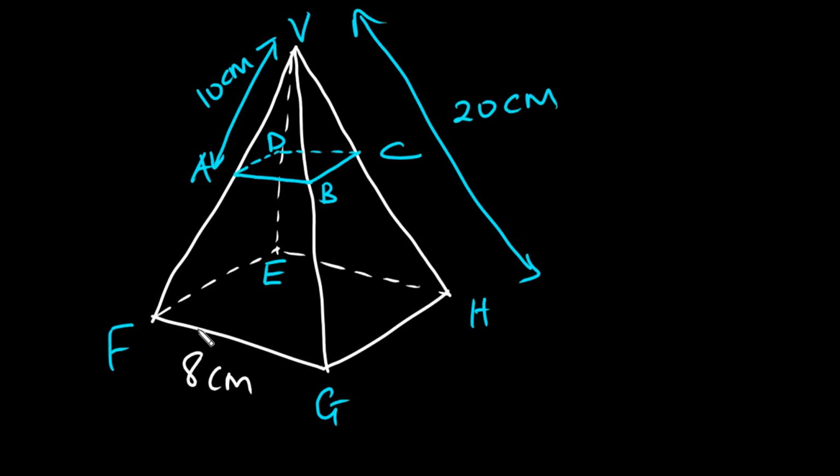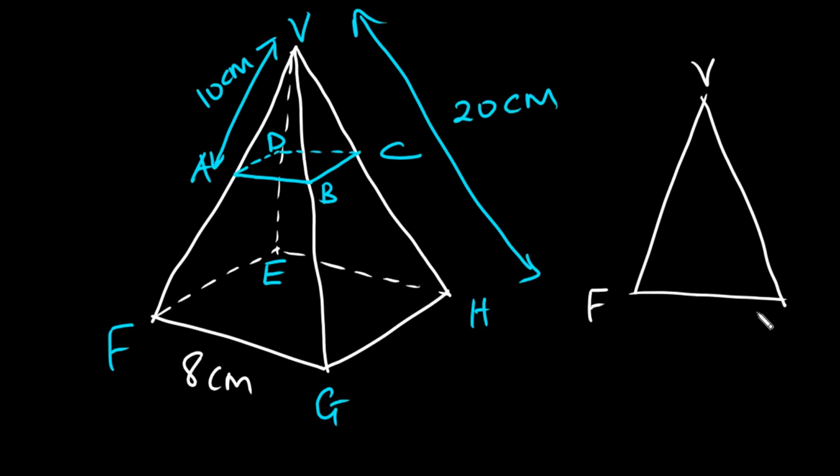If you never happened to watch that video, I'm going to leave a link for you in the description box. So let's have these triangles. Let me extract this triangle here. So this is V, F, and G. Sorry, not H. V, F, and G. Can we all see that triangle?